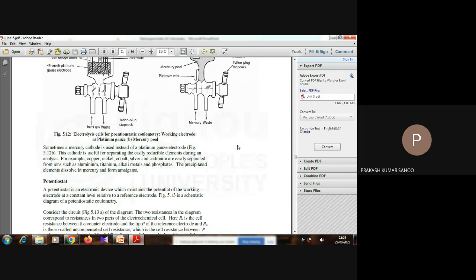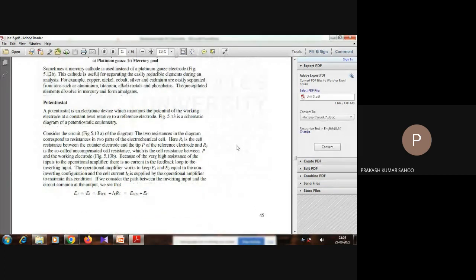Just go through these things, and we have a potentiostat. A potentiostat is an electrical device which maintains the potential of the working electrode at a constant level relative to the reference electrode.